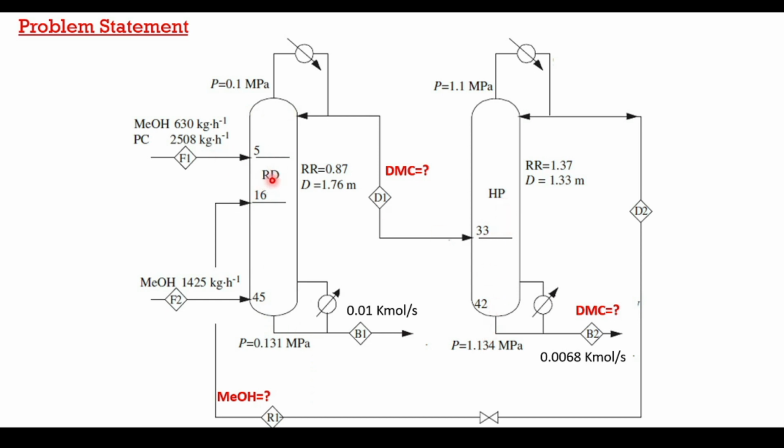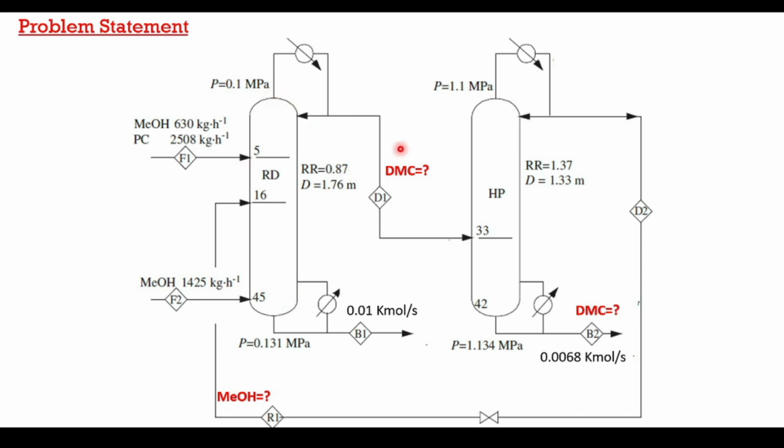In the reactive distillation column, the total number of stages is 46, and the column operates at 1 bar. There are three feed streams. The first stream is a mixture of methanol and propylene carbonate, the second stream is pure methanol, and the third stream is the recycle stream, which will mainly consist of methyl alcohol.